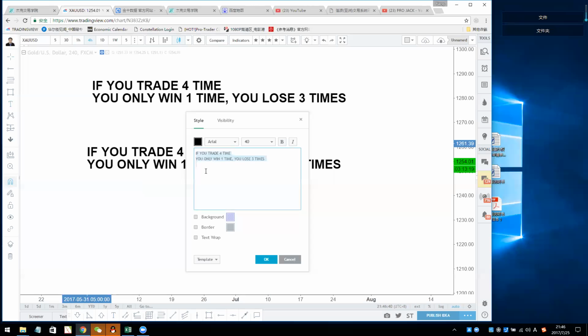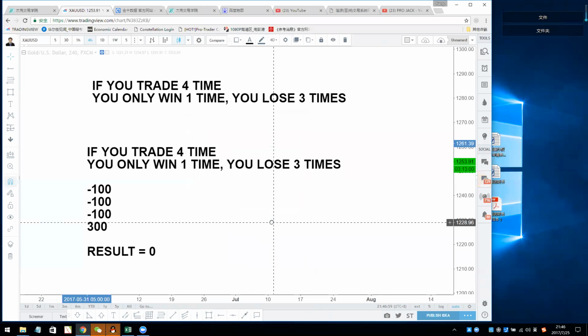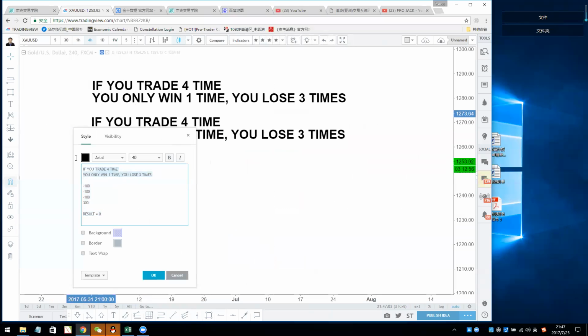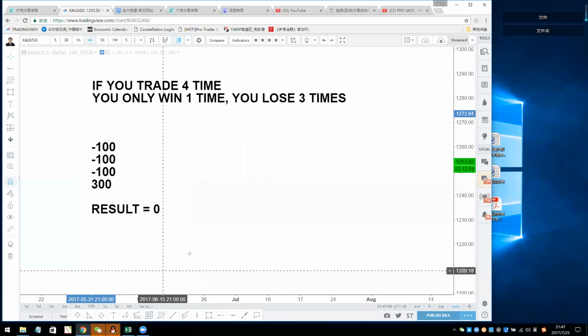Let's say the first trade you lose 100. The second trade you lose another 100. The third trade you lose 100 as well. The fourth trade you make a 1-to-3 risk reward ratio, you earn 300. Guys, tell me what's the result? Very simple.